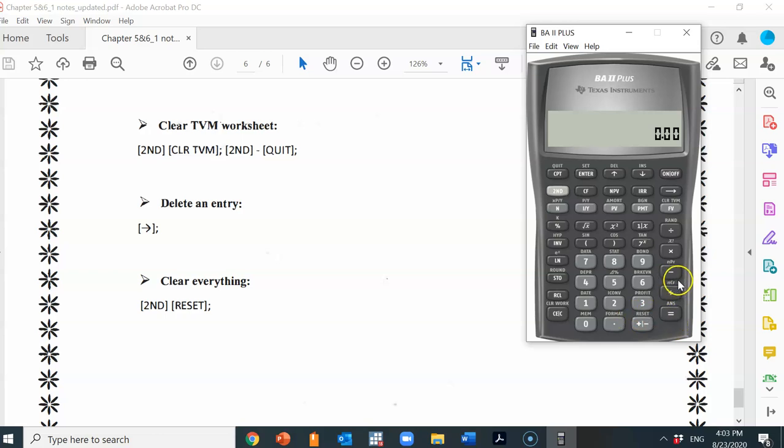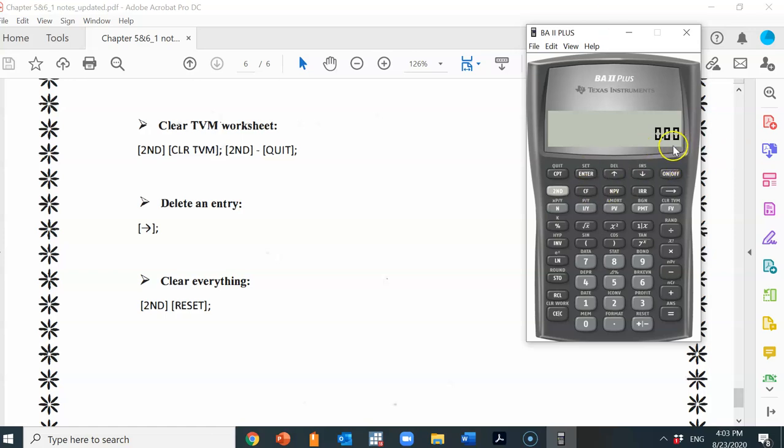Sometimes you keep getting an error on your screen and you cannot get any answer for the question. Sometimes it's because you changed the settings and you have no idea what you did to your calculator. You can always press second, reset, enter, second quit to make it brand new and then rework the problem again if the error occurs repeatedly.